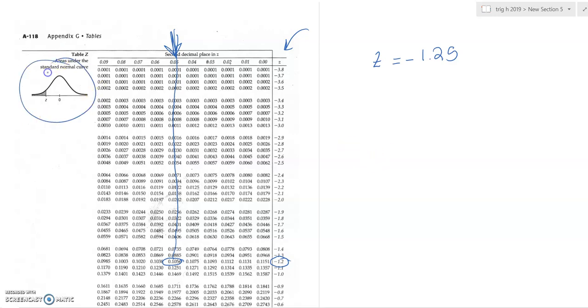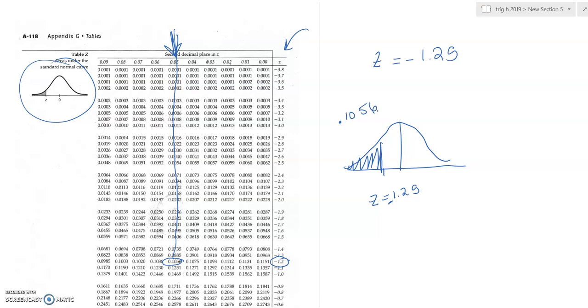And notice over here, they're trying to give you a little hint. That gives you the area under this standard normal curve, and it's always to the left. So if this is z equals -1.25, this is the area that they're giving you, 0.1056, or approximately 10.56%.